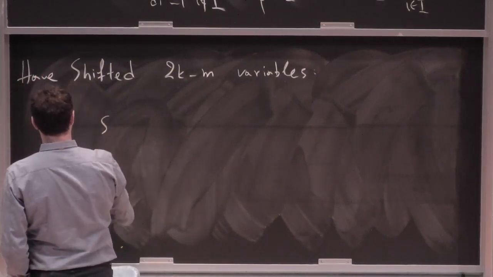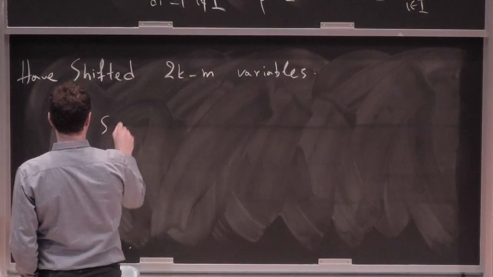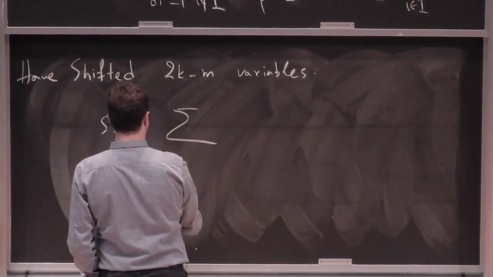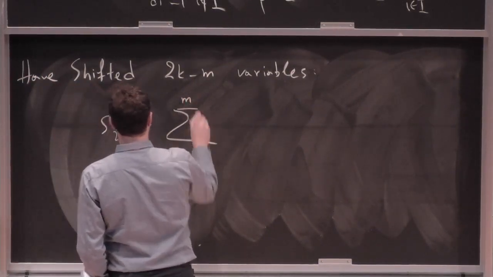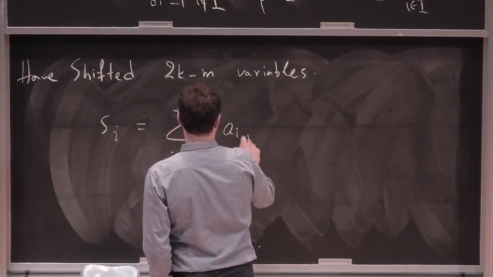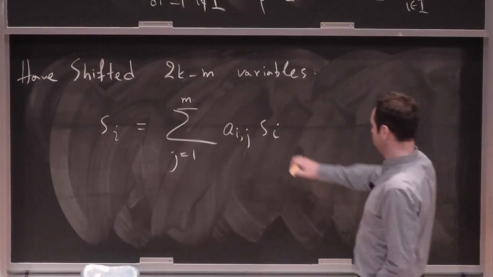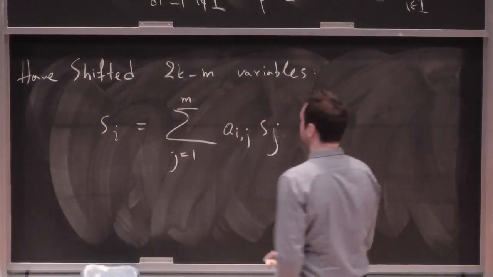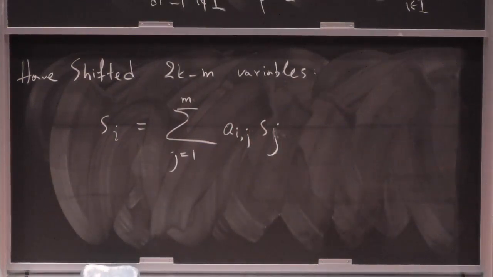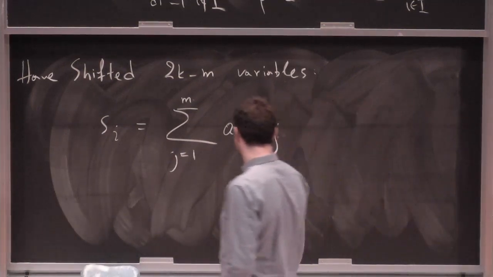Then what happens is that all of the variables S_i are linear forms in the first m variables S_j, where this matrix will contain some copy of the identity matrix.